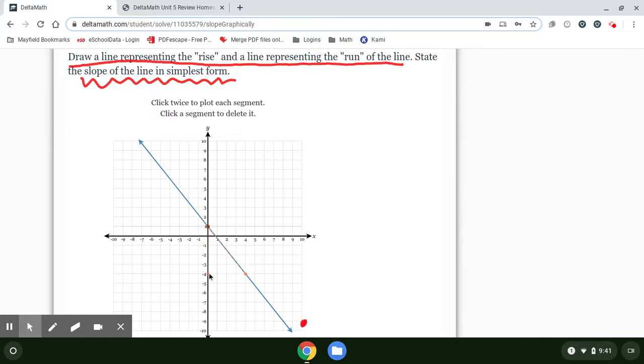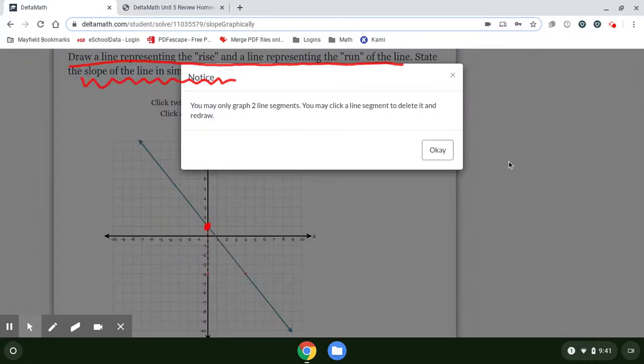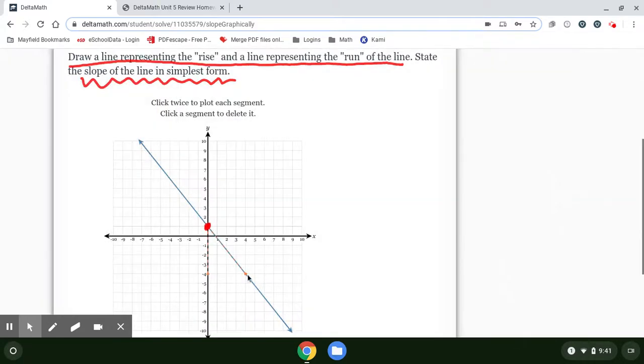So I'm going to do my up, down. Notice I drew the orange line. And my left, right. At this point, I just need to count the spaces.